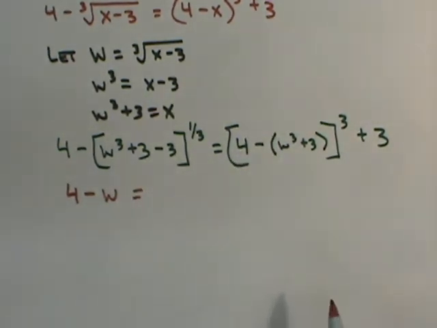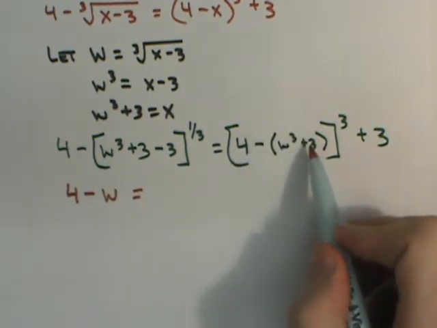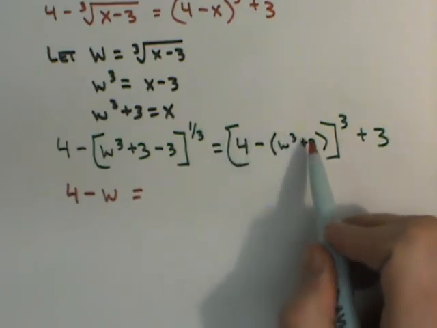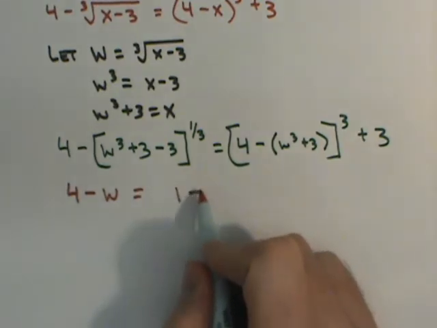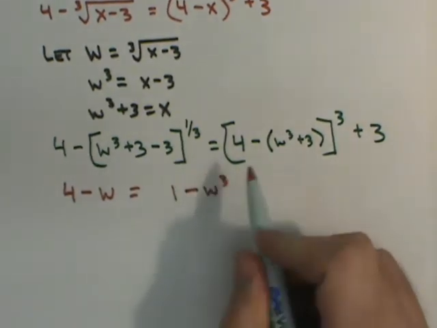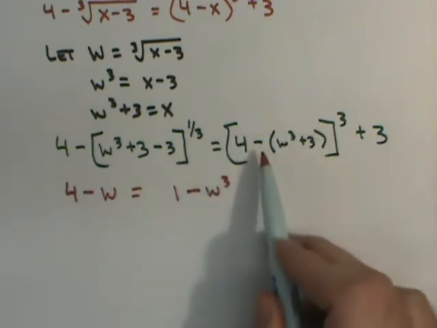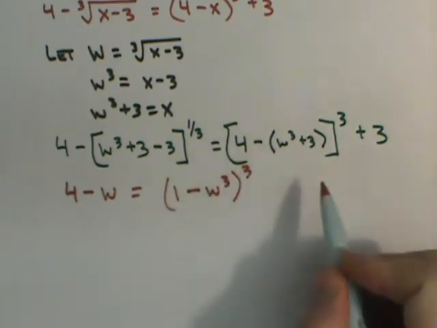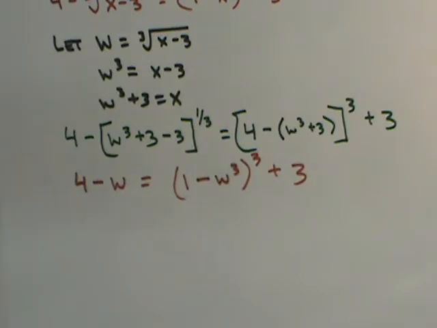On this side, this would be negative w cubed minus 3 as I distribute that. 4 minus 3 would just be 1, so I could write this as 1 minus w cubed, again because that was 4 minus 3, which was 1, and that was going to be negative w cubed, plus 3. Still not anywhere where I can do anything.